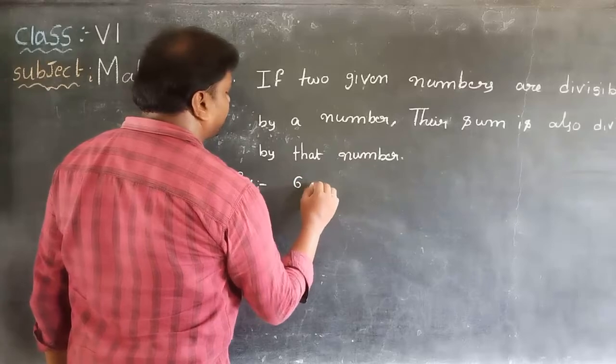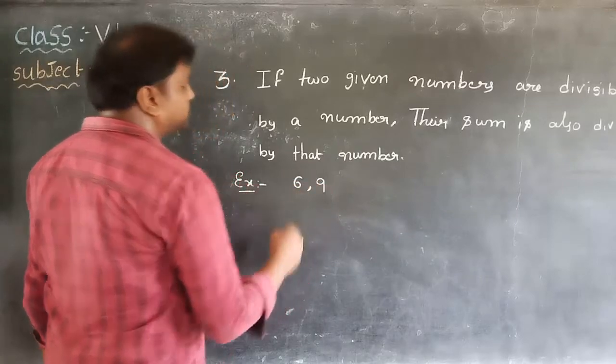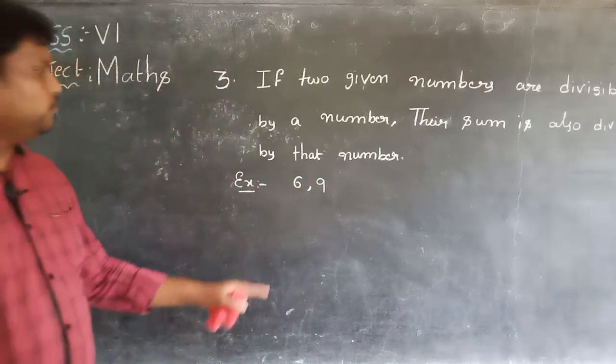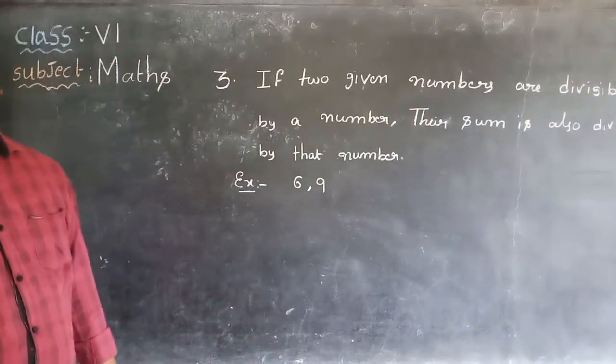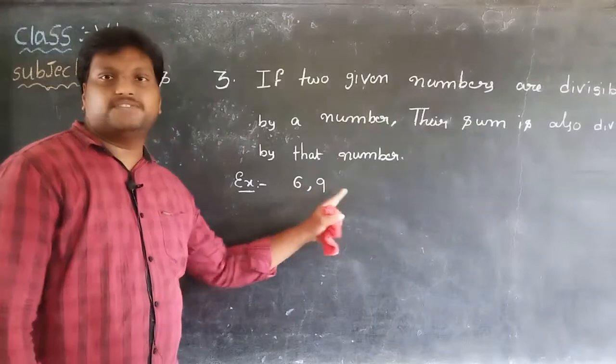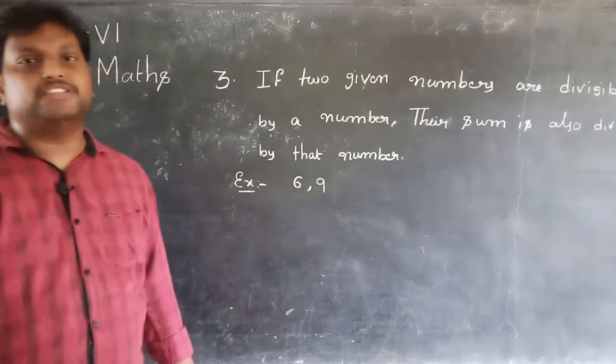6 and 9. Now 6 is divisible by 3, 9 is also divisible by 3. Listen carefully. 6 is divisible by 3 and 9 is also divisible by 3.